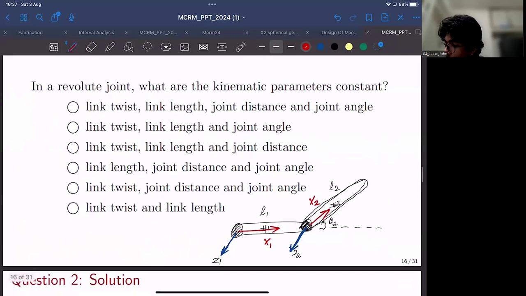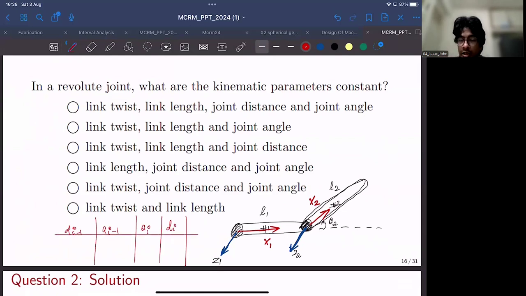So if you talk about these DH parameters, alpha i minus 1, a i minus 1, theta i, d i. And do you know which is which? Because alpha i, a i are simply the names of those variables. So link twist is alpha i minus 1, or the rotation about x i minus 1, that is link twist.